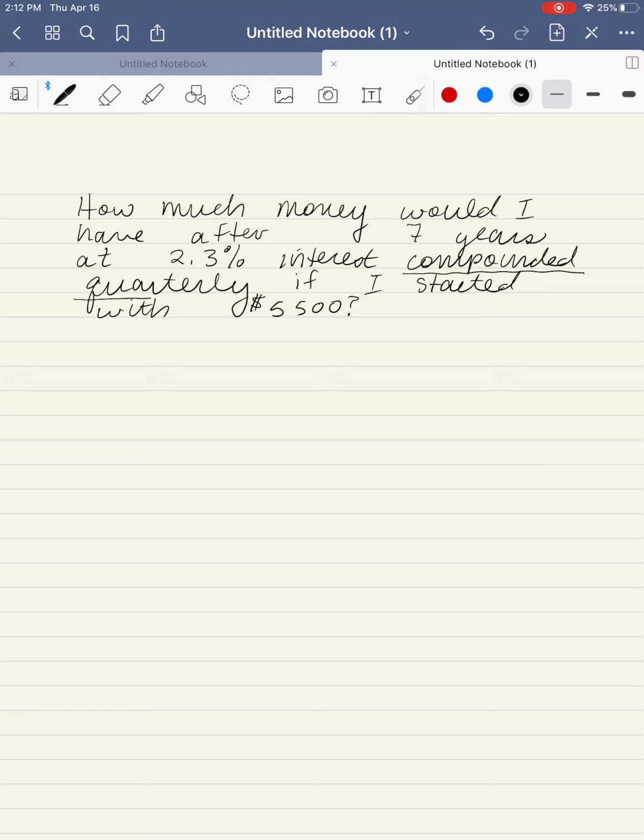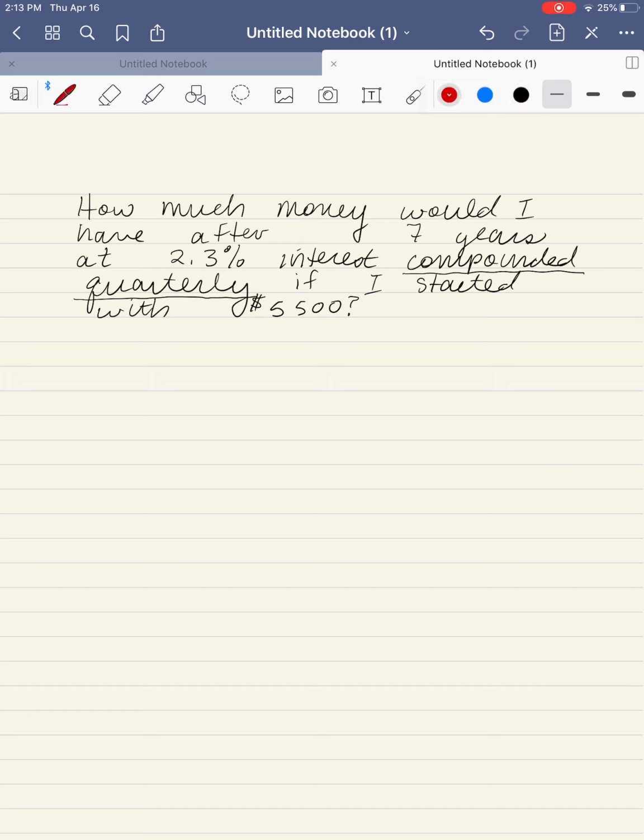So we know that we are using the compound interest formula because it says compounded quarterly. In a later lesson, we're going to look at continuous compounding, which uses a different formula.